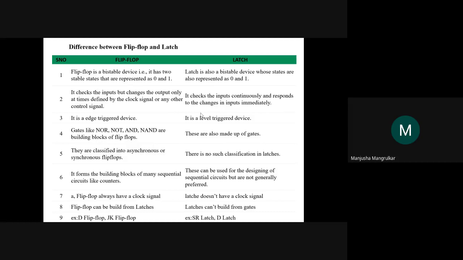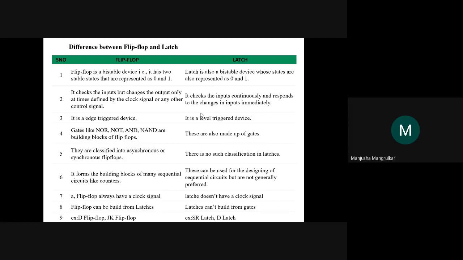But in a flip-flop, even if the input changes, the clock pulse must trigger the circuit, and then according to the clock pulse the input is taken, and then according to the input the output changes, not immediately, right?